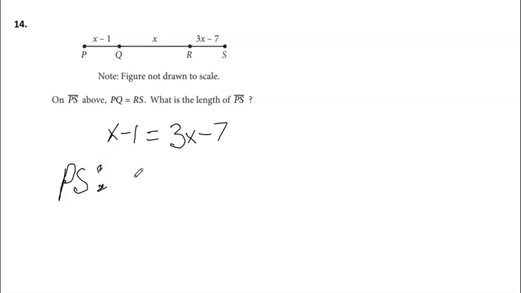And PS is going to be what? You have to add all the known lengths, or with the variables. So it's going to be x minus 1 plus x in the middle plus 3x minus 7. So all this gives us our PS, right?